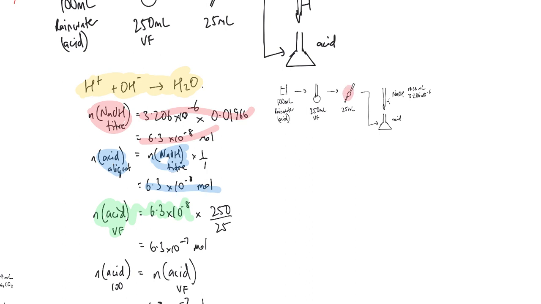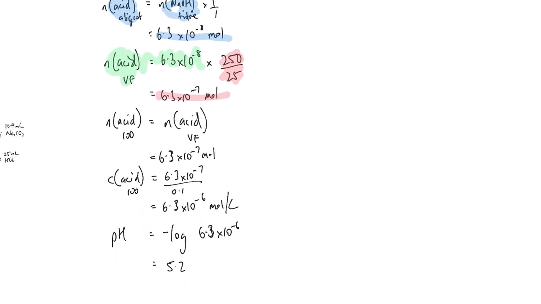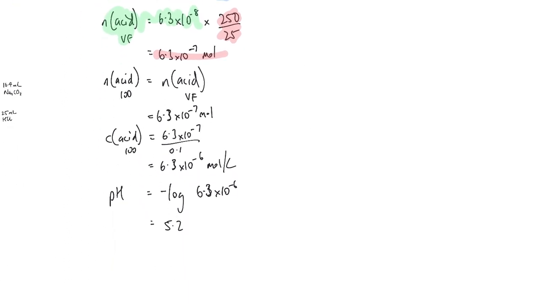The pipette is a portion of the total, so I find the total from the portion, and I get this value. It's nice and easy. Then I can work out the amount of acid in the 100 ml from the volumetric flask, which means I need to find its new concentration, because I used this one here for the acid.